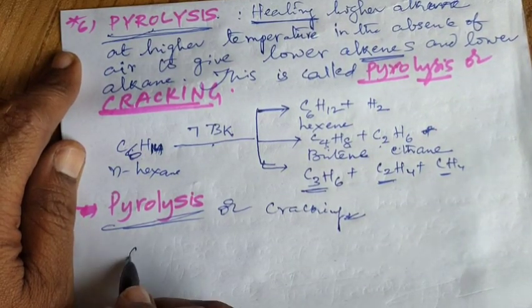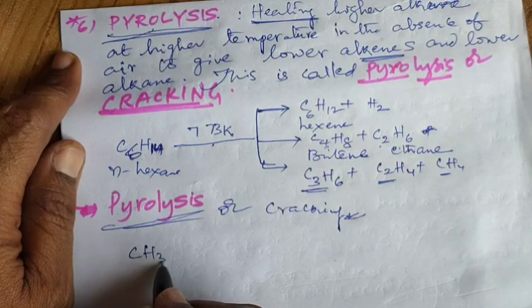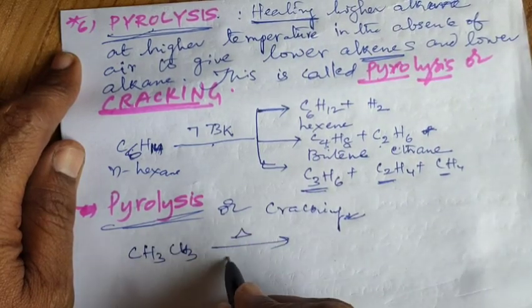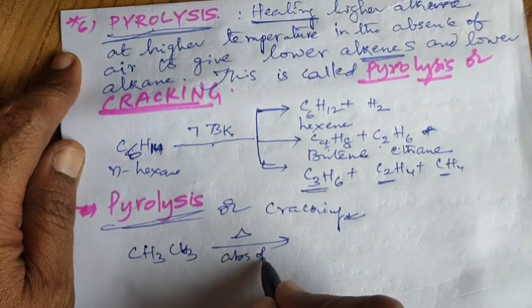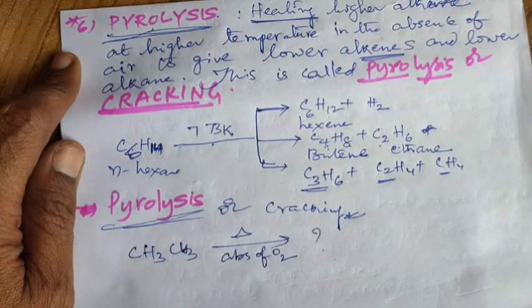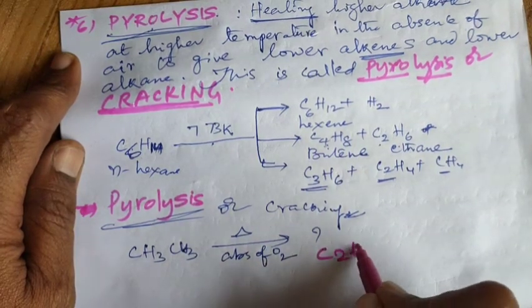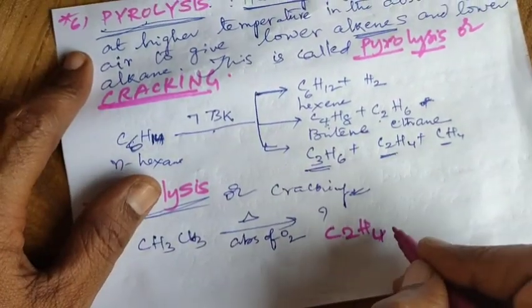Suppose you take ethane, CH3CH3, heated in the absence of air. What is the product? Yes, there is no chance of carbon-carbon cleavage. It is C2H4 and H2.